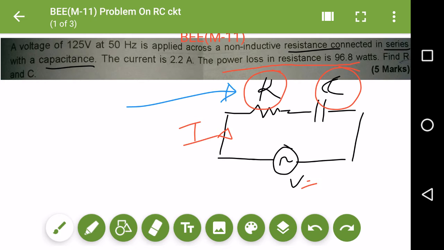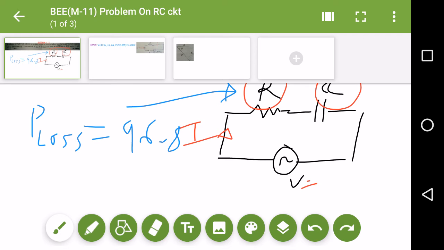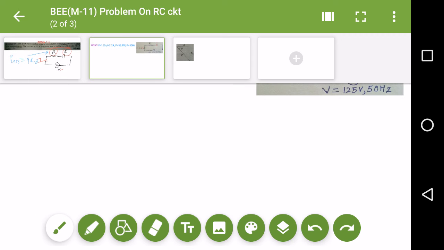So the power loss P loss at the resistance is given as 96.8 watt. This is the whole picture of our problem, so let's proceed to solve it.